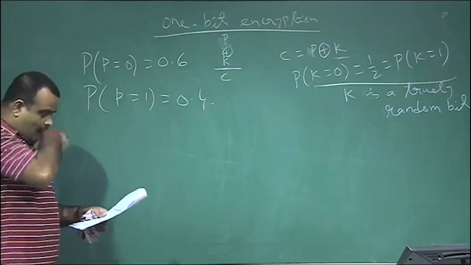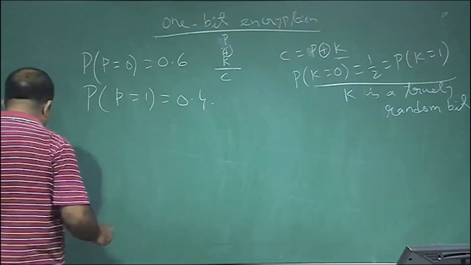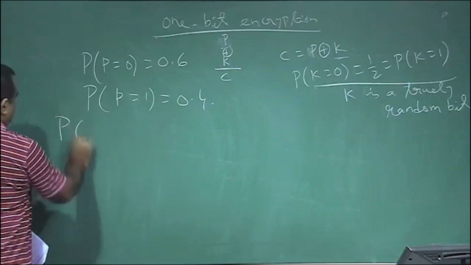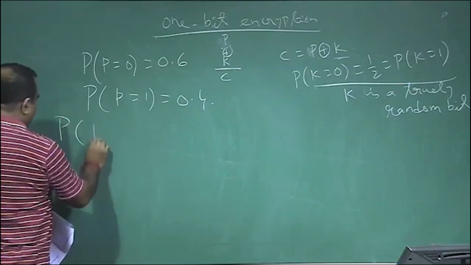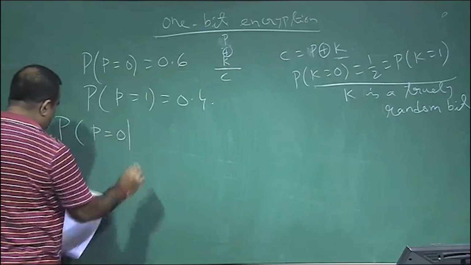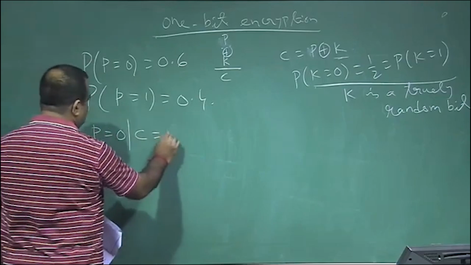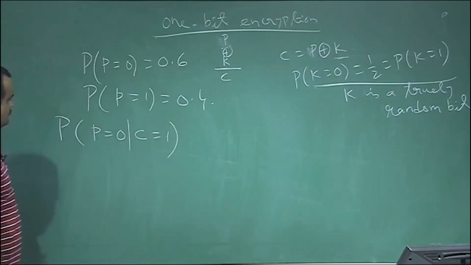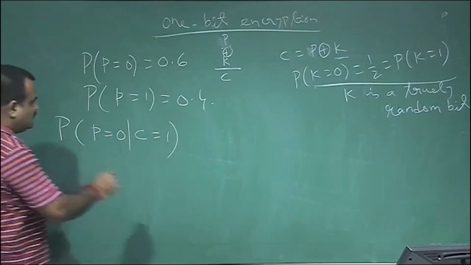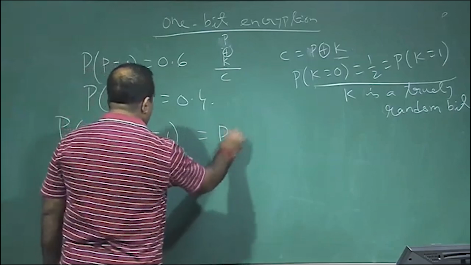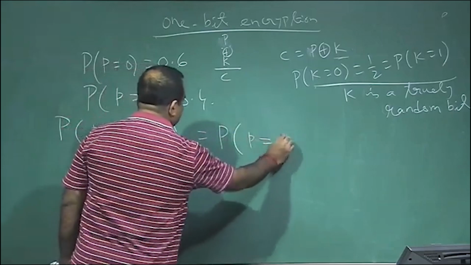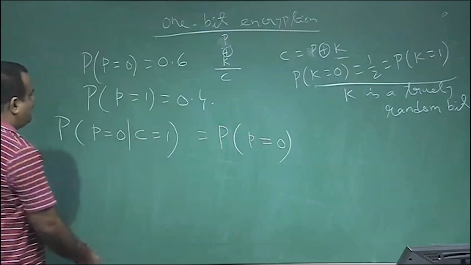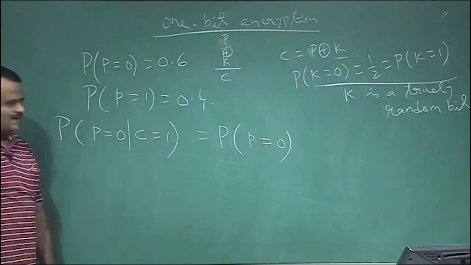Now we want to find the probability of P equal to 0 given C equal to 1. If we can show that this is the probability of P equal to 0, then we are not getting any advantage from knowing the ciphertext.